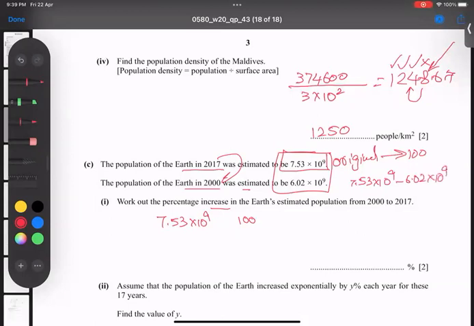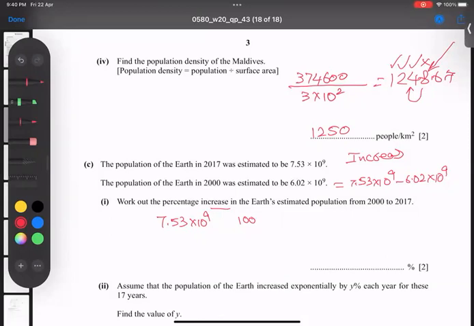This is called change, the increase part of the question. So this is called increase. Let me calculate first: 7.53 into 10 to power 9 minus 6.02 into 10 to power 9.